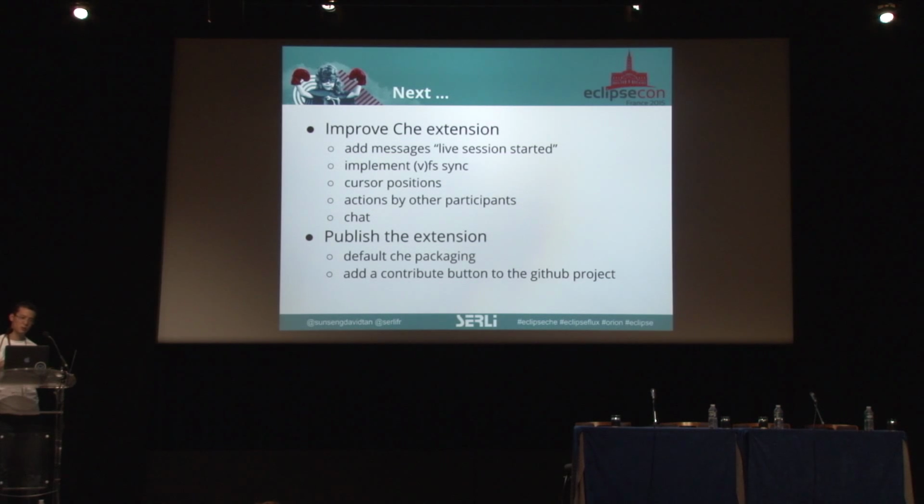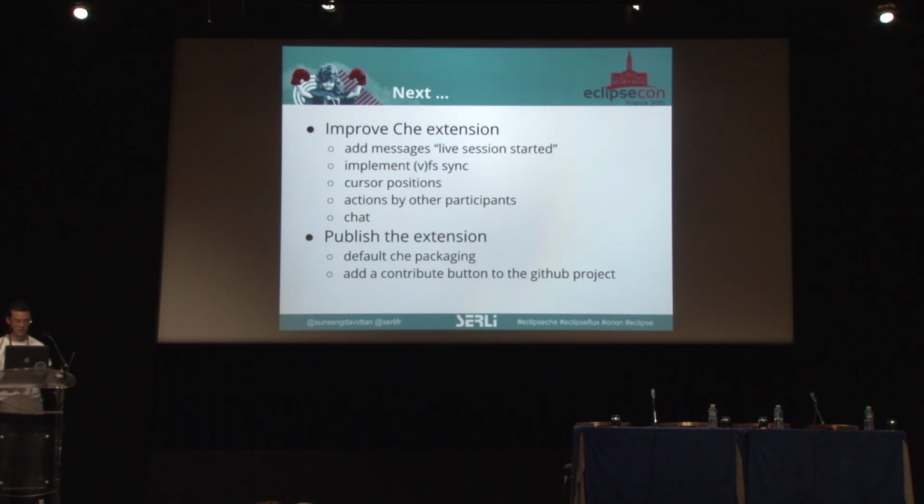What would be good is to do like in Google Docs, showing the cursor of each participant when we are doing pair programming. It's sometimes useful. It would be a bit harder, but maybe adding, when you do a control space and we have the completion, showing what all the participants are doing instantly.